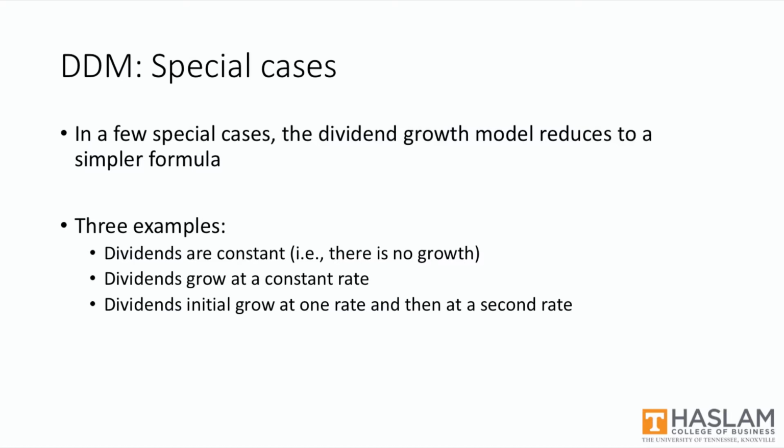The first is the constant dividend case. There we'll see the stock is valued as a perpetuity. The second is a case where dividends grow at a constant rate, and this will give us what we call the Gordon growth model.